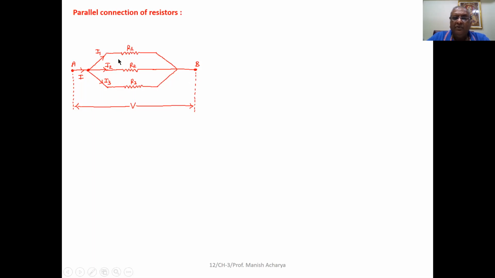So in parallel connection of resistors, the potential difference across each resistor will be the same, but the current through each one will be different.